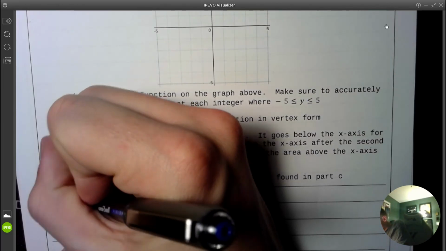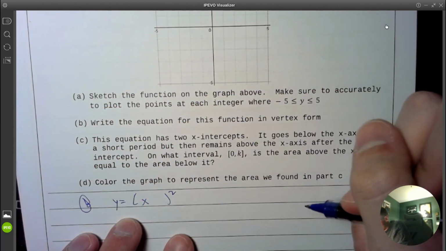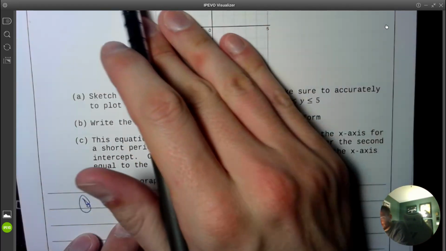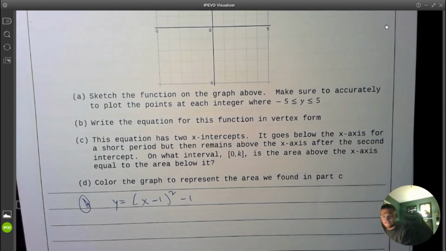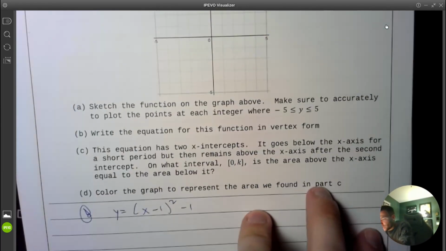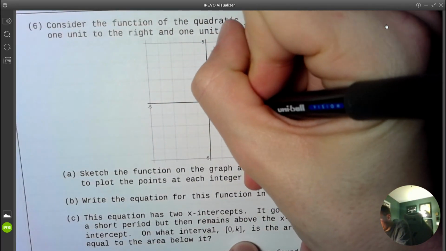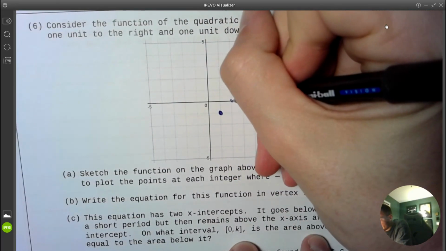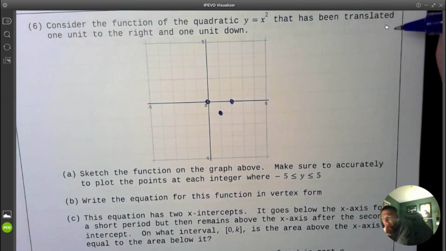B is easy. Vertex form. Y equals x squared. It says right 1, down 1. So minus 1, minus 1. Draw my graph. Right 1, down 1. There's my vertex. I kind of know how these quadratic graphs go, right?